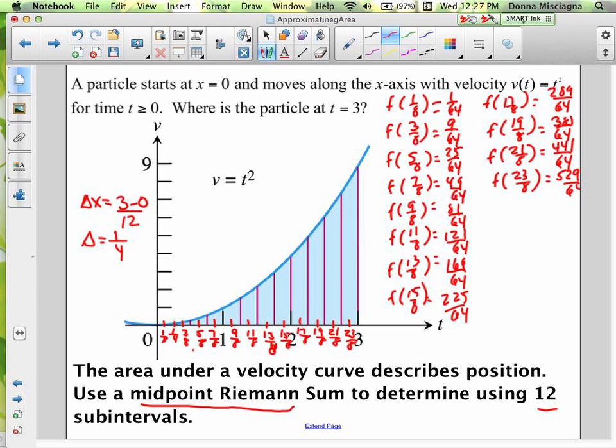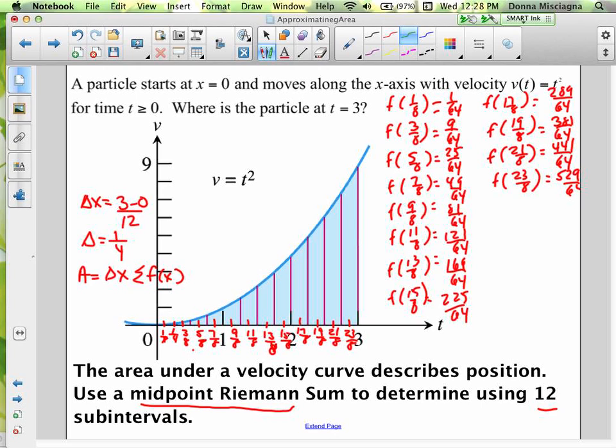So our area is going to be the change in x times the sum of all of those values that we have there. All right, so now we need to add those up. Fortunately, they all have the same denominator.